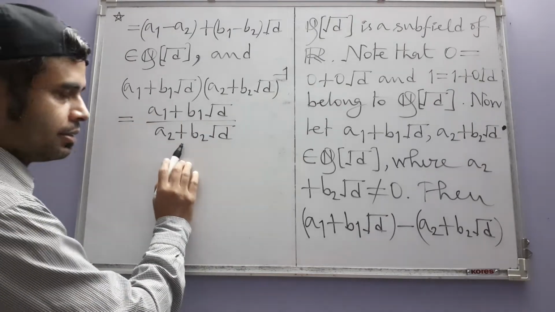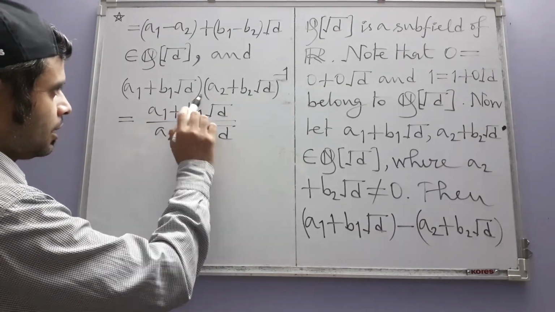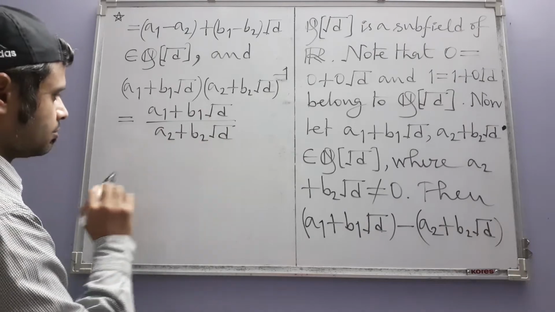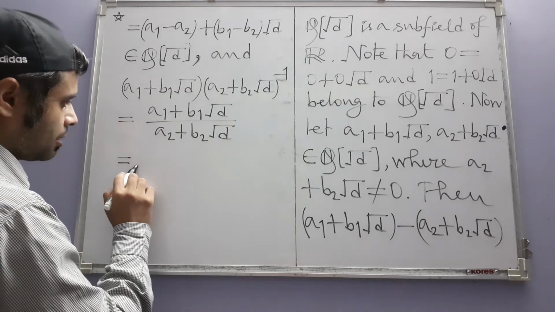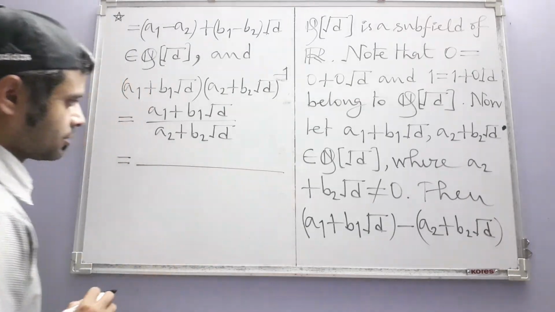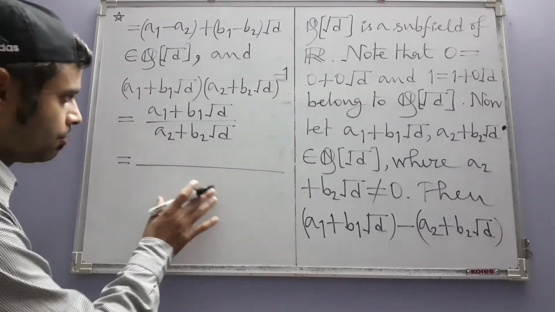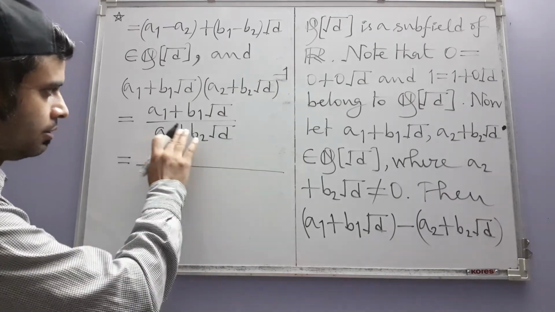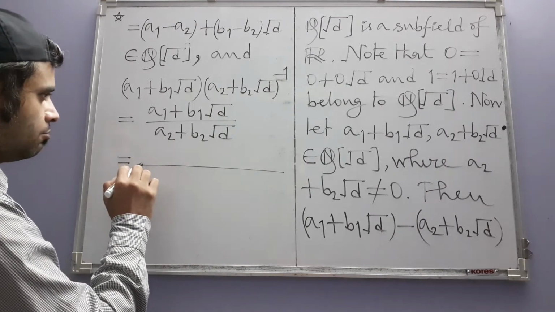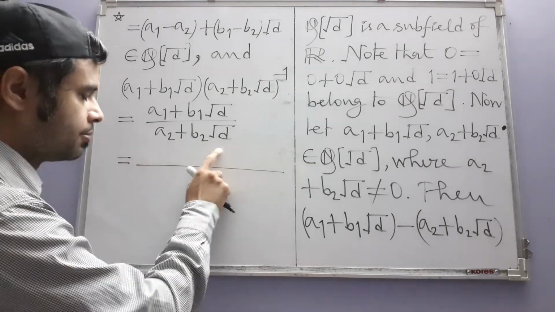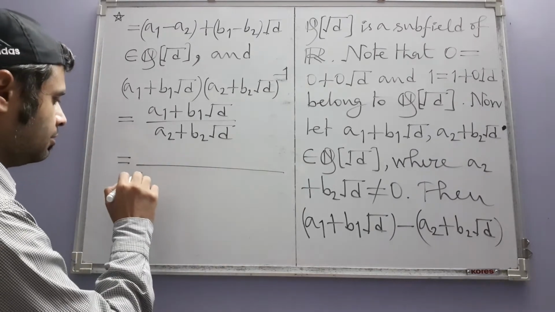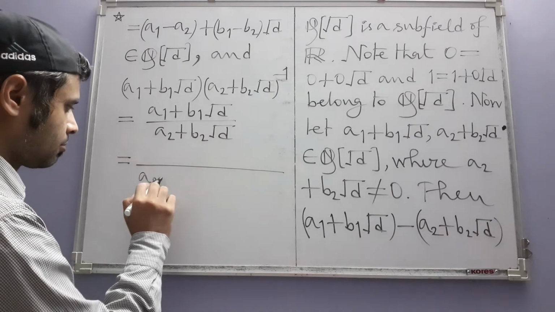We haven't done anything new here. We are just writing it in a different manner. But this manner is more familiar to us, or rather, we know what we need to do after this. We need to rationalize the denominator, if you know what I mean.